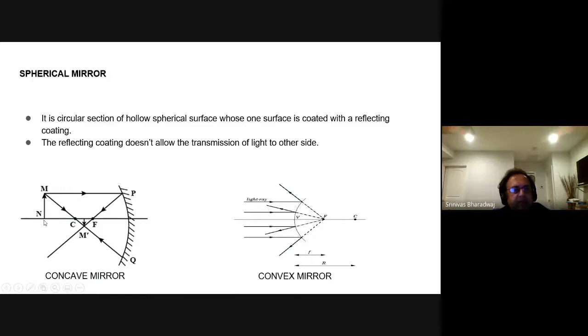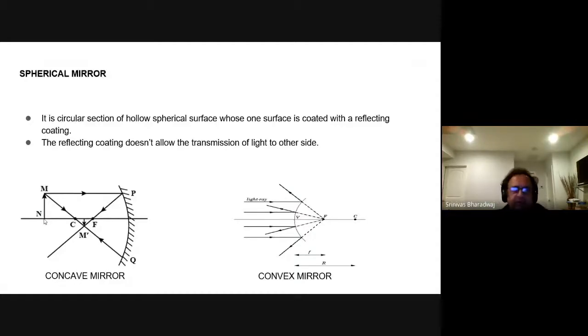The magnification is the length of the image divided by the length of the object. So sometimes it shrinks, sometimes it expands. When does it shrink? When does it expand? We will find out soon.